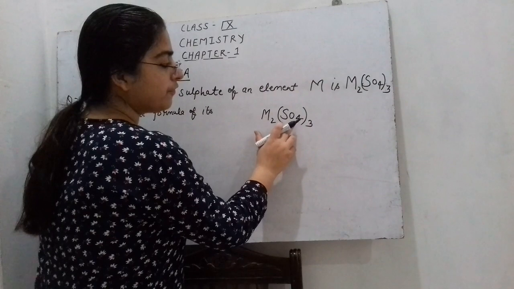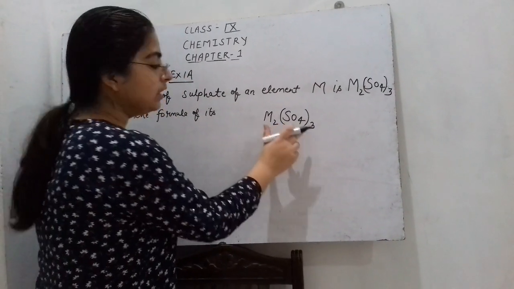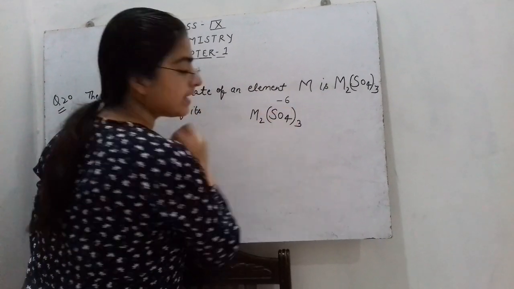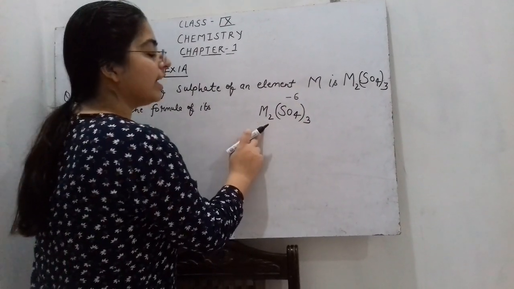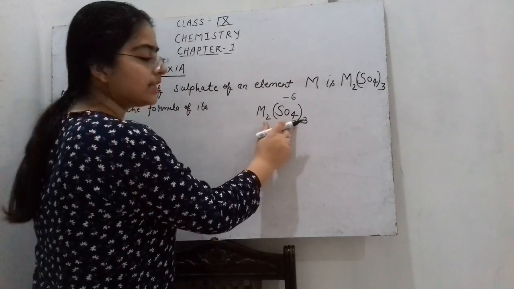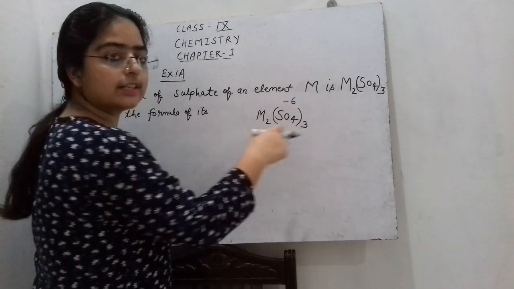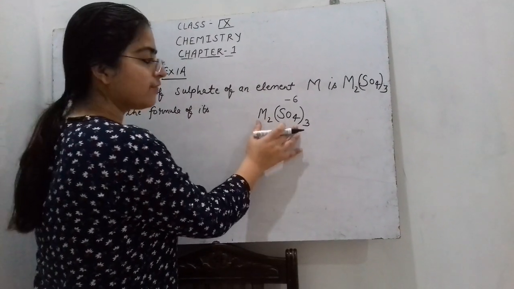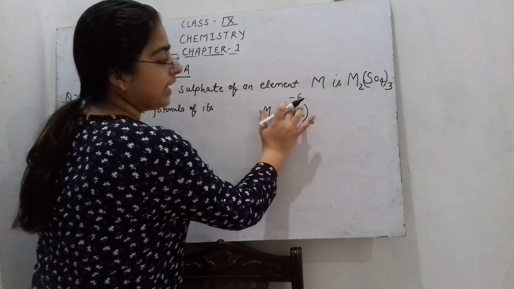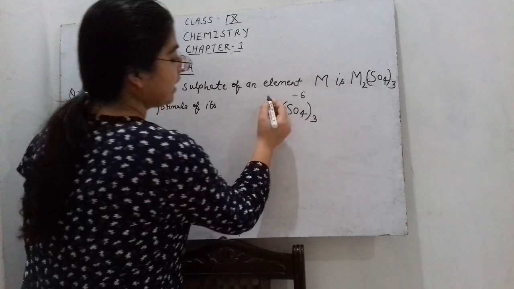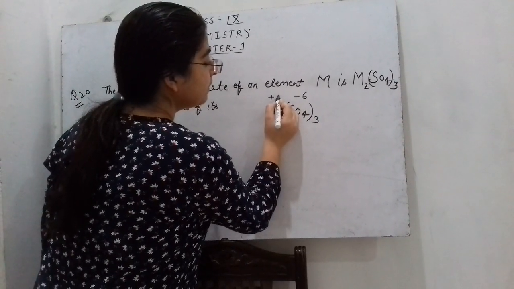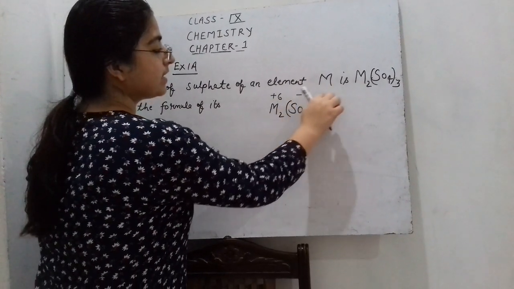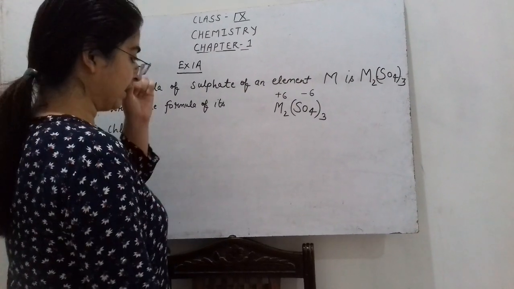So the charge of 3 sulfate radicals will be -6. Now we know that in a compound the sum of total positive and negative charge is 0. If the negative charge is -6, then there must be +6 positive charge, so that +6 and -6 will be equal to 0 here.